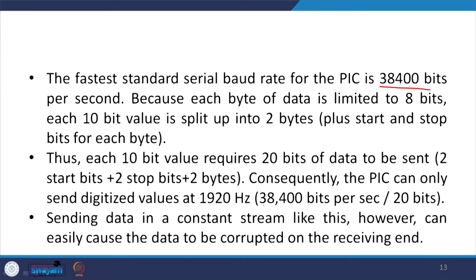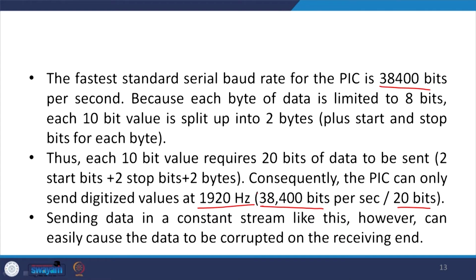So, each 10 bit value requires 20 bits of data to be sent, 2 for the start bits and 2 for the stop bits, for the 2 bytes. Consequently, the PIC can only send a digitized value at 38,400 divided by 20, so at around 1920 hertz.